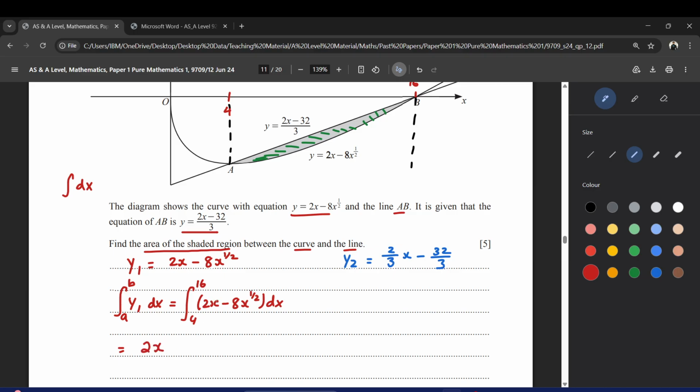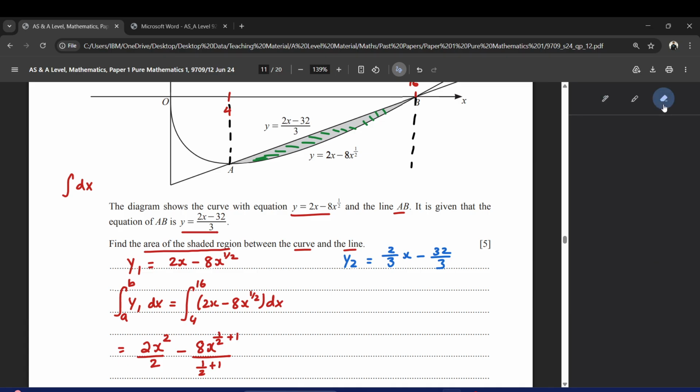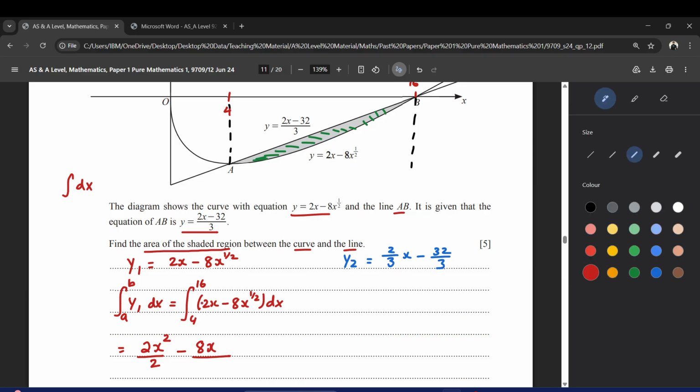So originally the power is 1, so now the new power becomes 2, divide by the new power, minus 8x to the power, now we add 1 to the power and then we divide by the new power. The new power is 1 upon 2 plus 1, so the new power becomes 3 upon 2, and therefore you divide this by 3 upon 2.